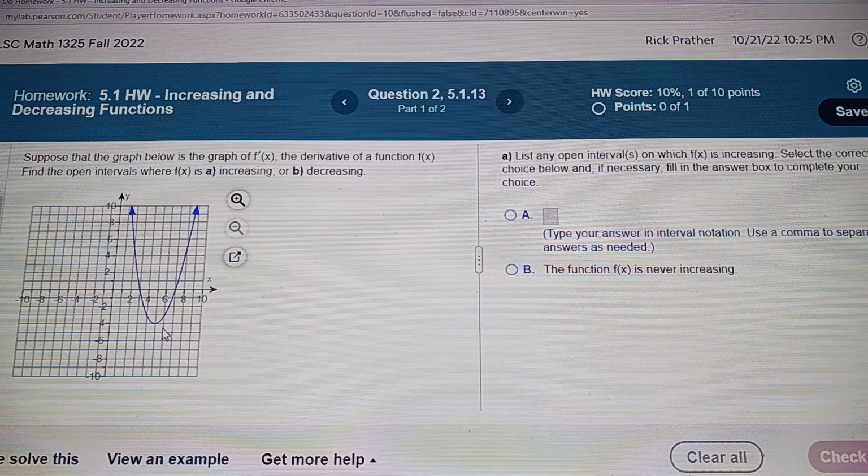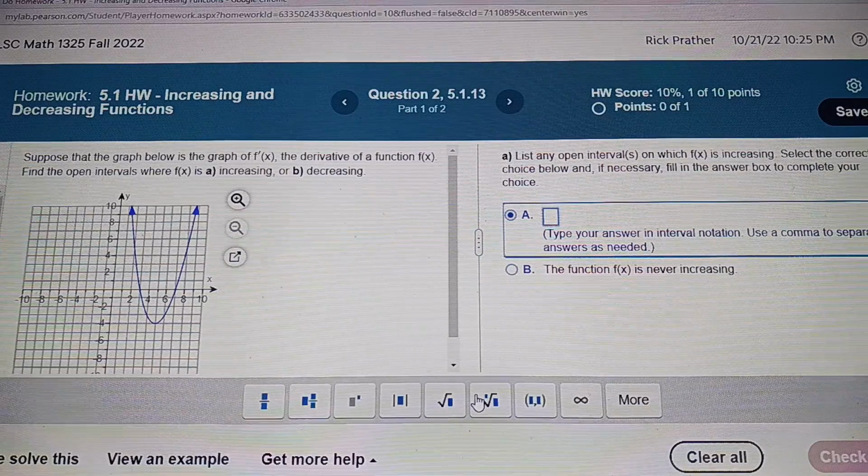On this graph, this is the derivative graph, so the derivative is positive anytime there's a portion of this graph above the x-axis. So this little portion here that I'm circling, from negative infinity until you get to 3, that's entirely above the x-axis, so that's an increasing portion of the regular graph.